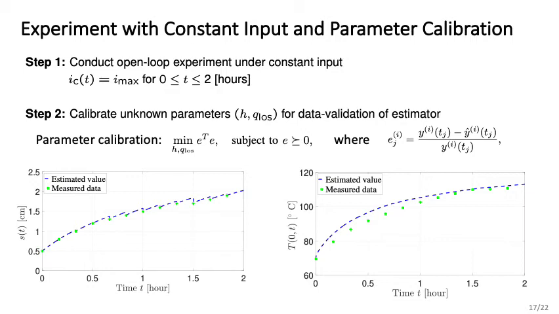Then, as a second step, we calibrate unknown parameters h and Q loss involved with heat loss for data validation of the estimator. Then we can see that in these two figures, the estimated values of the interface position and the surface temperature are sufficiently close to the measured data obtained every 10 minutes.